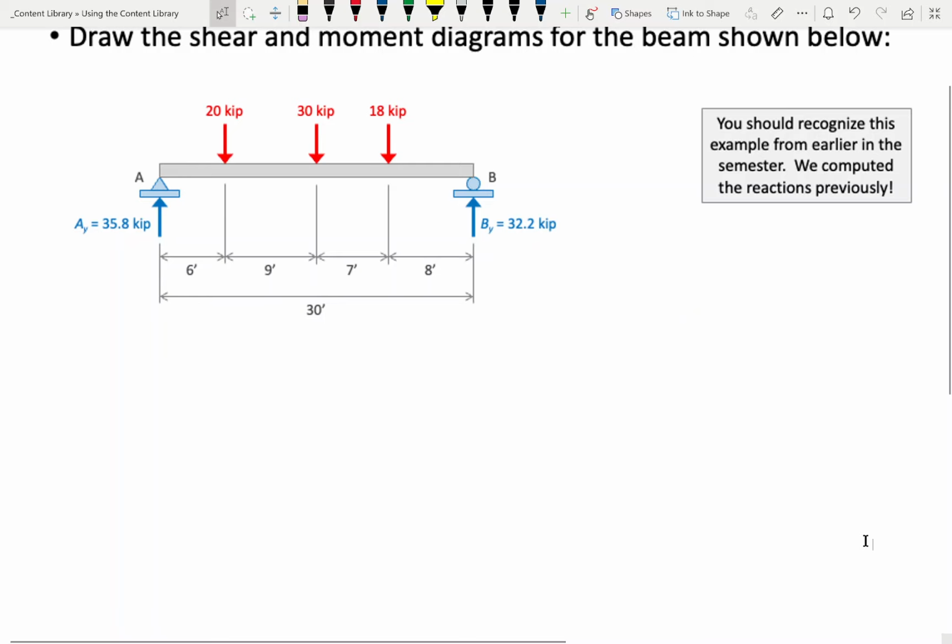All right, so let me show you how this works. So the first thing I'm going to do is I'm going to draw a series of vertical guidelines, and that's mainly to ensure that my artwork isn't all that sloppy.